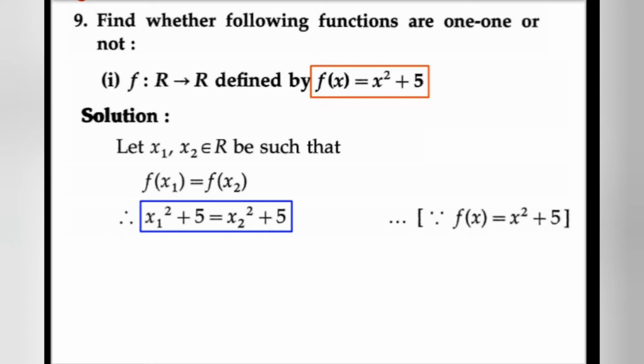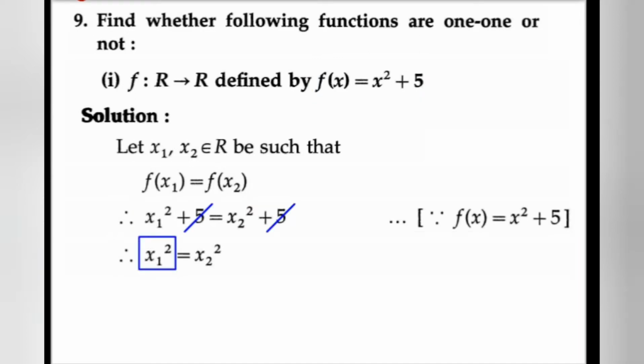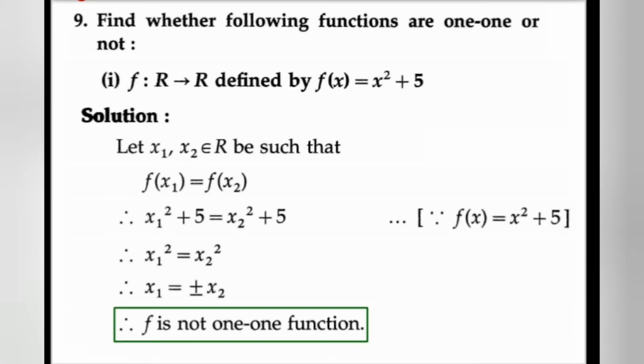Therefore, x1 square plus 5 is equal to x2 square plus 5, since f of x is equal to x square plus 5. Now x1 square is equal to x2 square, so x1 is equal to plus or minus x2, which means f is not a 1-1 function.